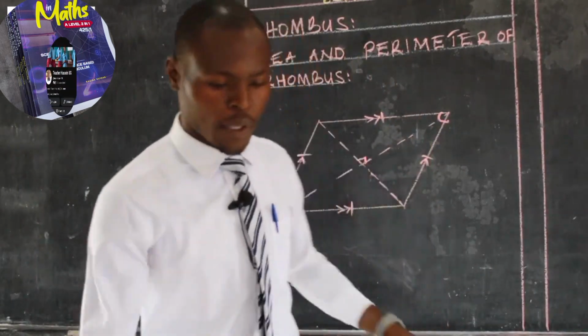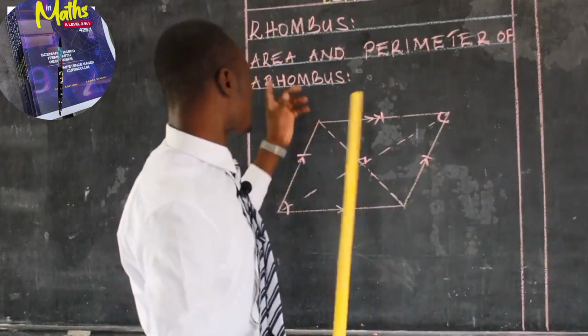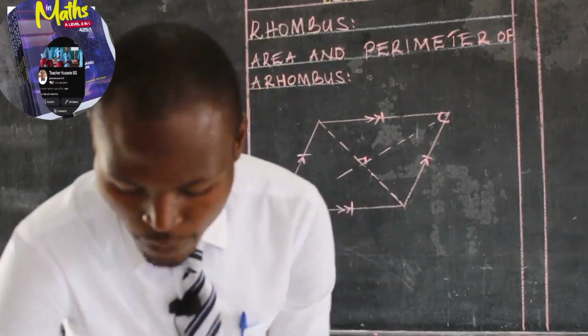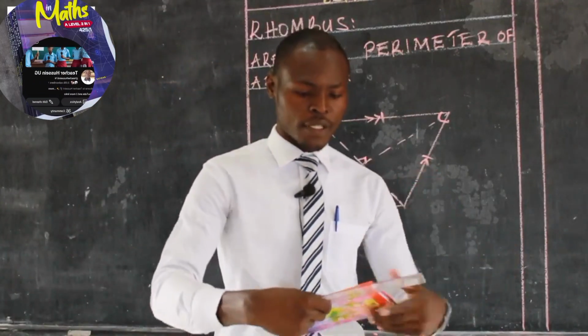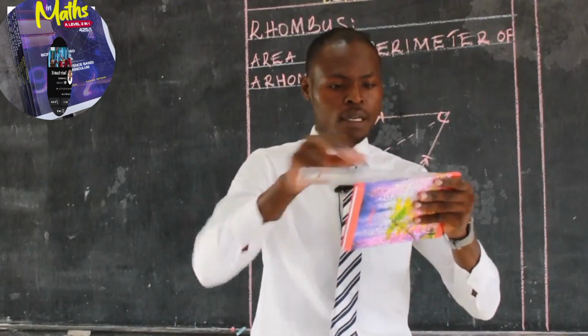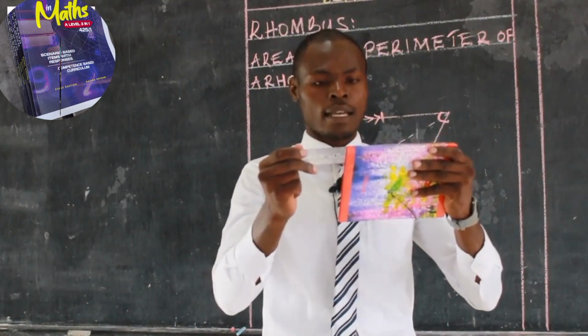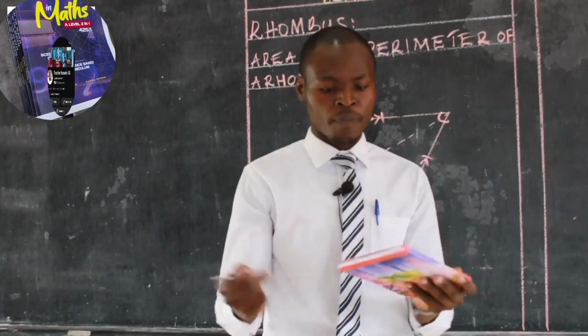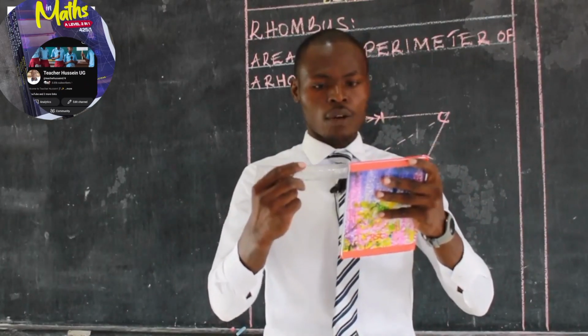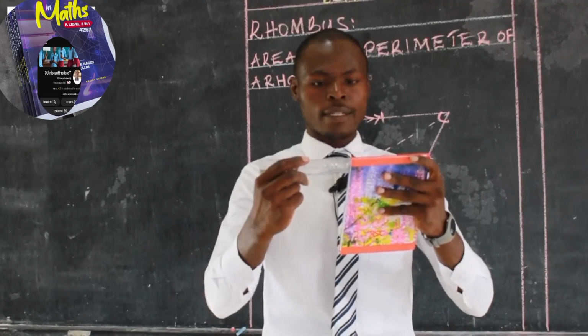Now, area, to begin with. Area is just the size of an object. For example, if this is my book, and you're being told to get the area of this book, you just need to measure along the length. Along the length, it is measuring 20. Along the width, it is measuring 10.